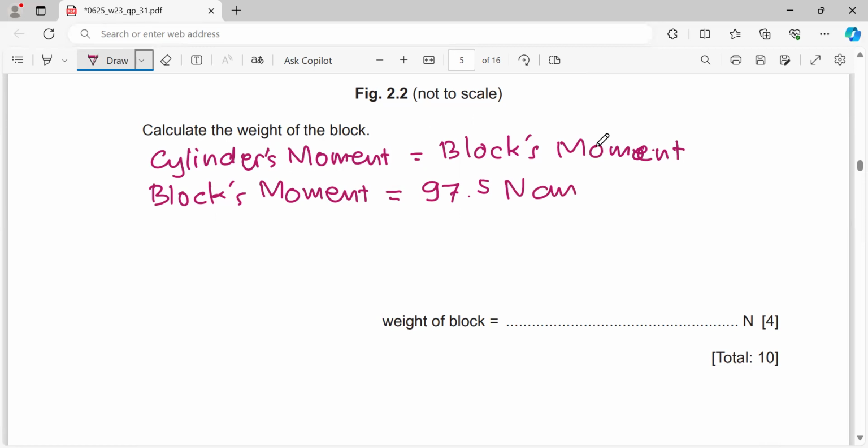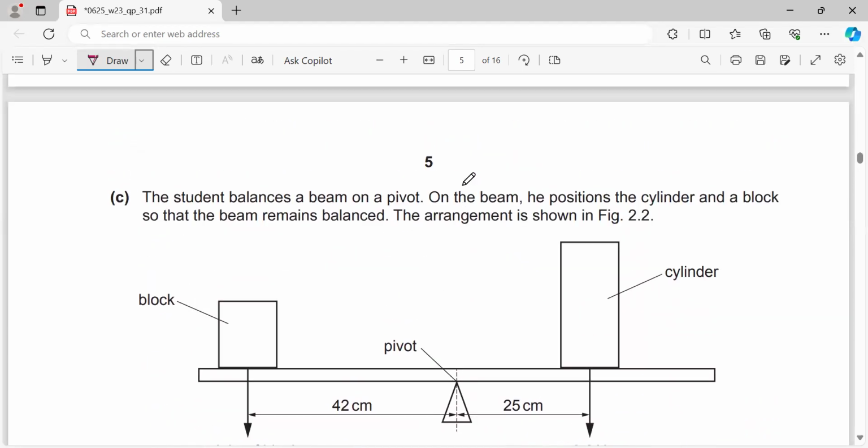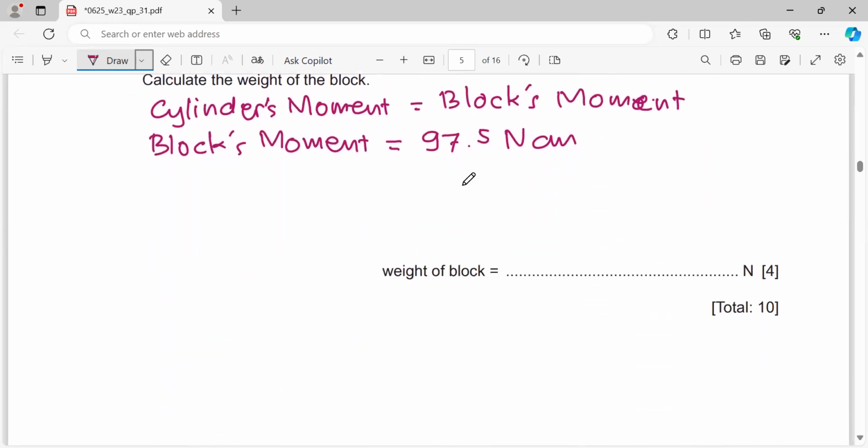So the block moment is 97.5 newton centimeters, and it means this is the weight of the block times 42 centimeters.